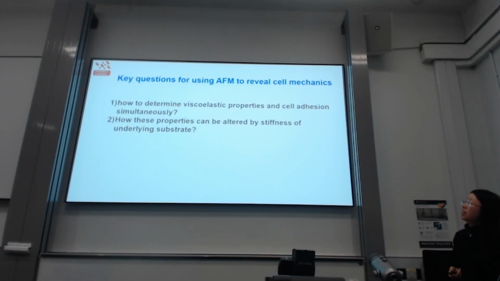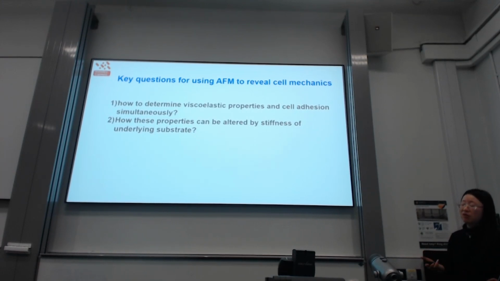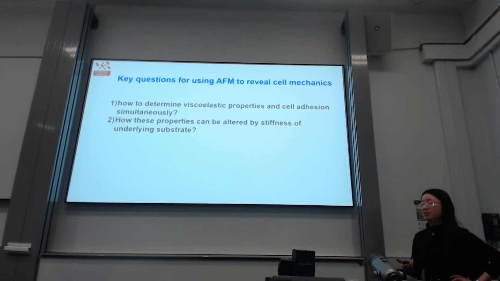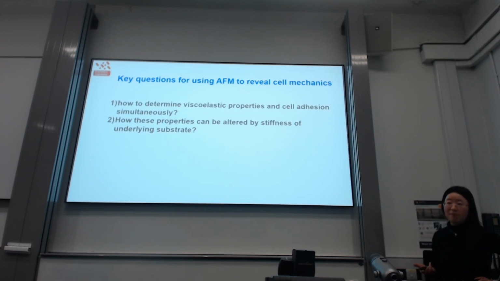So the key question is, how can we determine the viscoelastic properties and cell-material adhesion simultaneously based on a single test? And also how can these properties be altered by the underlying substrate? You can think about biomedical applications, or disease progression, because when there's a disease, the extracellular matrix mechanical properties also change.